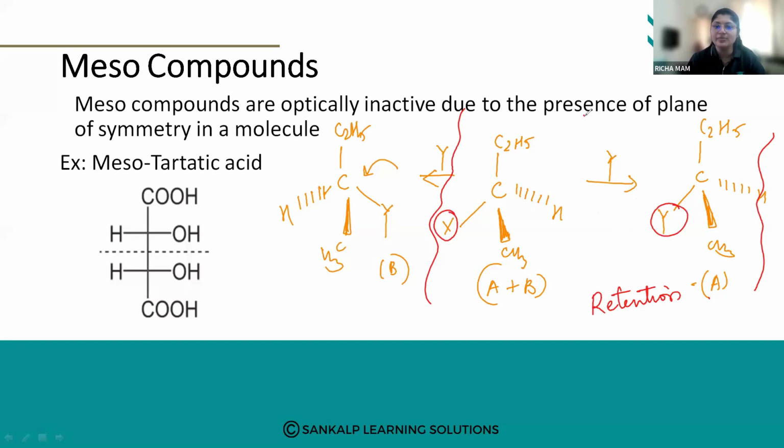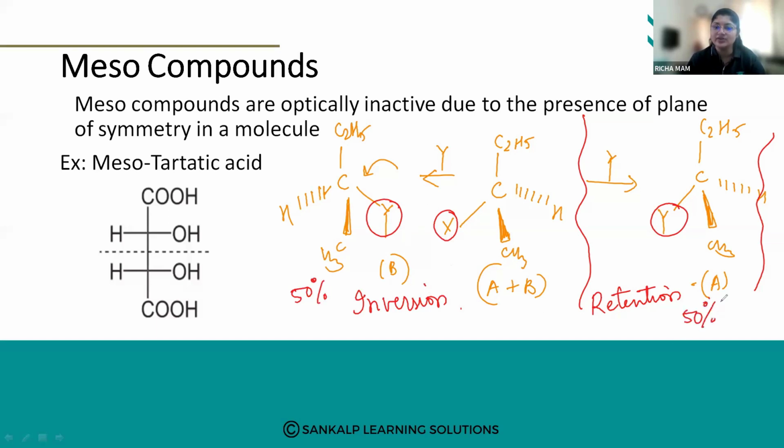Now, if B is the only compound from this process, then it is inversion of configuration. If there is 50% inversion and 50% retention together, we obtain the A plus B compound.